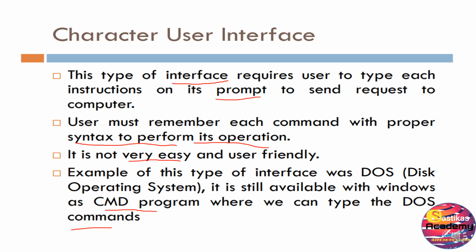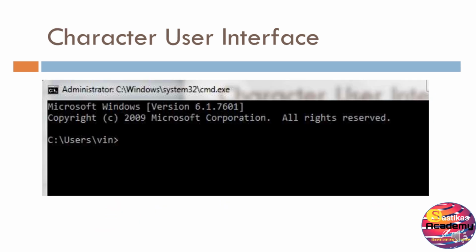DOS is used in the Windows operating system. See this, this is the command prompt, C colon users. This is the command prompt terminal. We can give the commands here. We can fetch the instruction. We can find the system related results here.